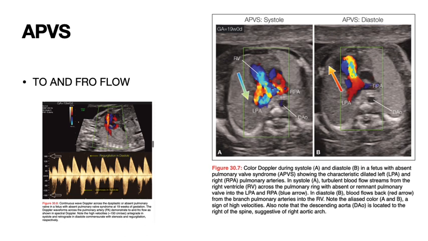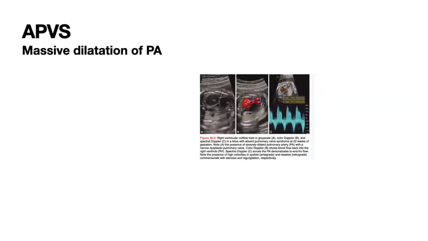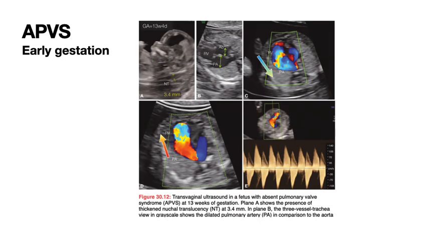So you can see the waveform has this very high volume to and fro movement in the pulmonary artery through the valve. Here's some more pictures of massive dilatation of the pulmonary artery. And you can see this very early on as well, this to and fro movement, even in the first trimester.